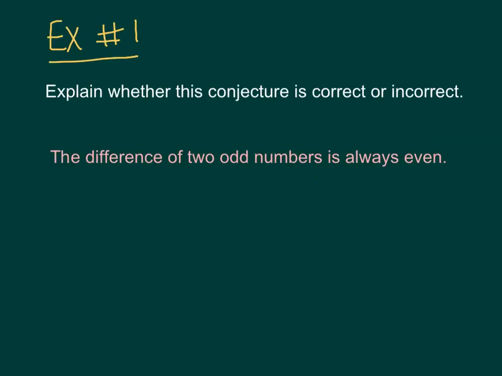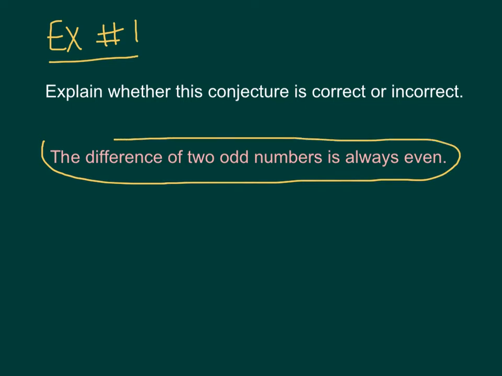So example number 1, we're going to explain whether this conjecture is correct or incorrect. You're going to have to break apart these sentences so make sure you understand what they're asking. When I say the word difference, I know that means subtraction.